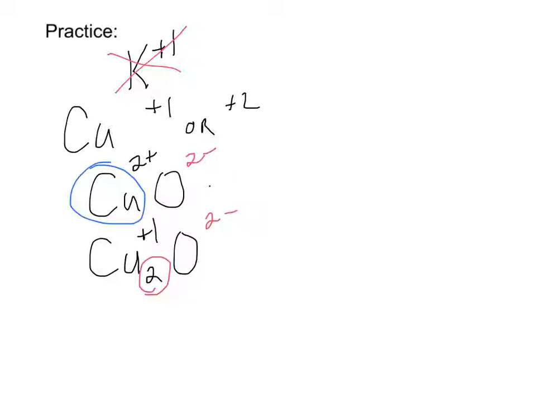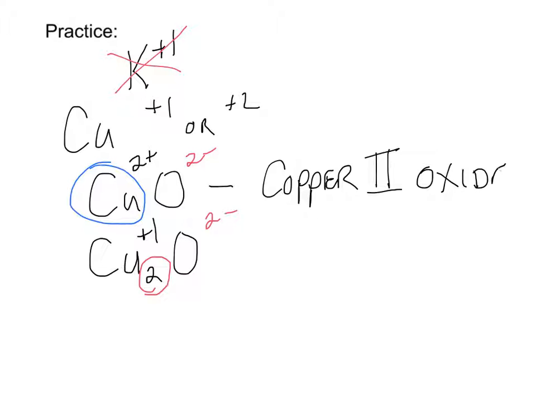So when we name this one, it would be called copper, and the charge on it is 2, Roman numeral 2, and then oxide, just like we had before. The rest of the naming rules stay the same. The only thing we have to change is this right here, to tell me what the charge is on that copper metal. This one here is copper 1 oxide.